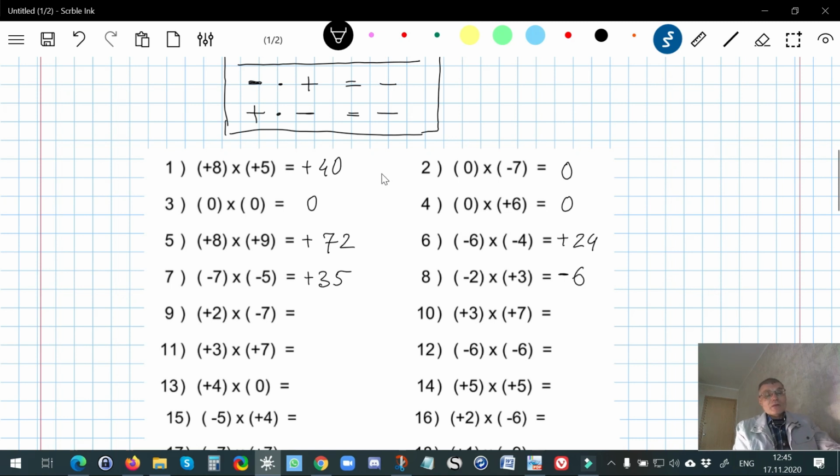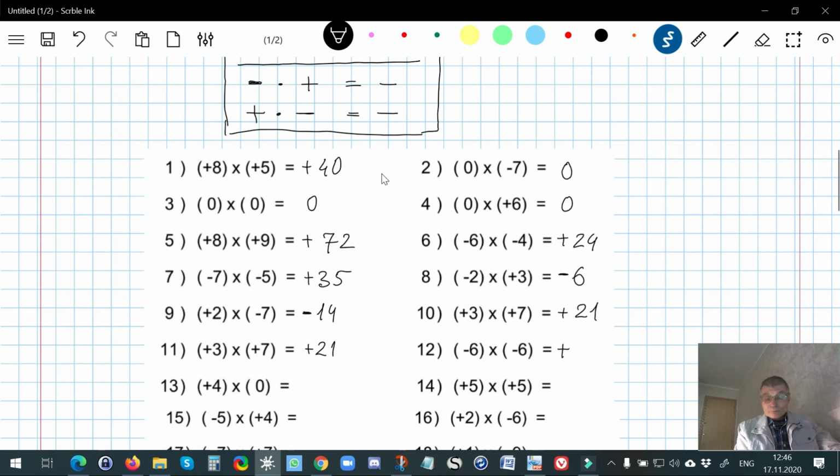Here, positive times negative. It's again negative, and 2 multiplied by 7 is 14, so it's negative 14.